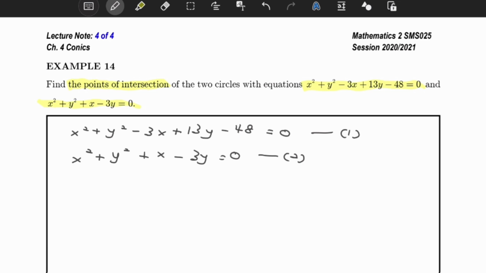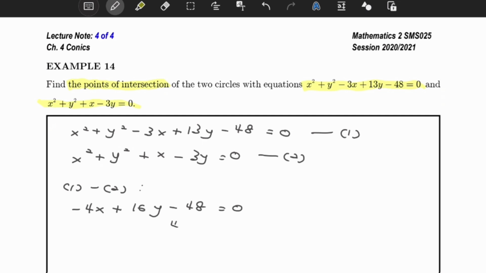In my opinion, the elimination method will help us very much for solving this simultaneous equation. So let's do the first equation minus the second equation. What we are going to get is negative 4x plus 16y minus 48 equals 0.